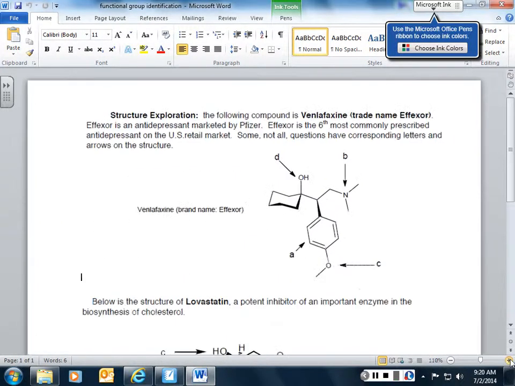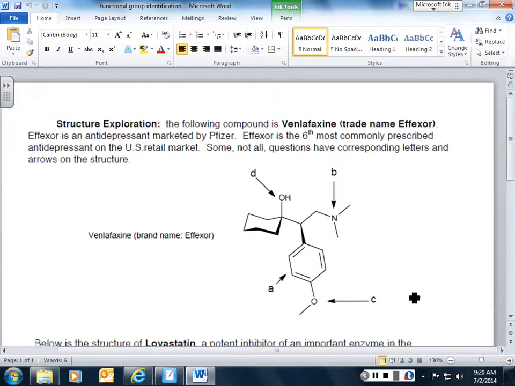Now, if I ask you, this is a big molecule, correct? If I ask you, do you see aromatic in this?